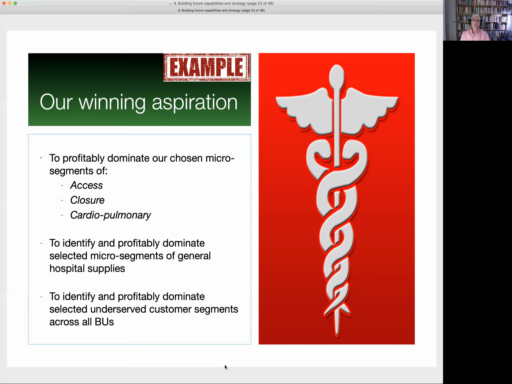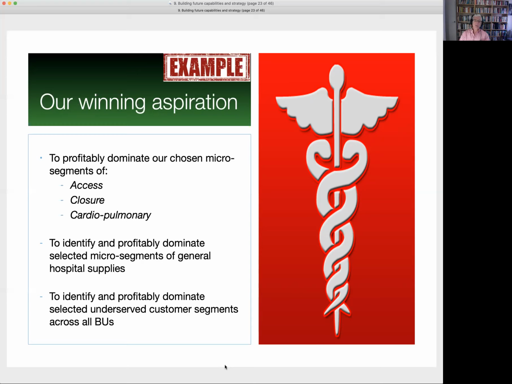And the aspiration was to identify and profitably dominate selected micro segments of general hospital suppliers. In other words, those segments which were being underserved, either because the competing companies were too large or because the size of the order for that particular hospital was not necessarily large enough.